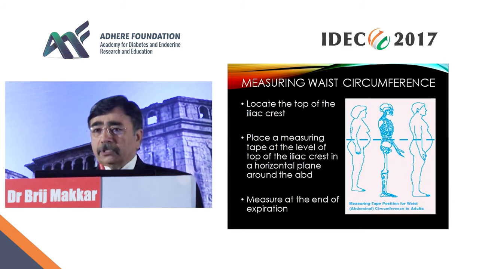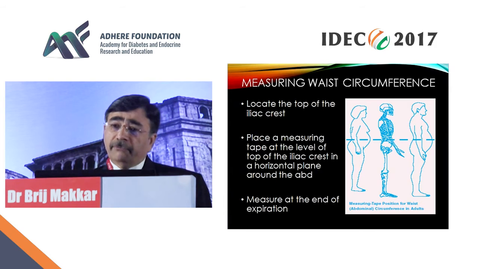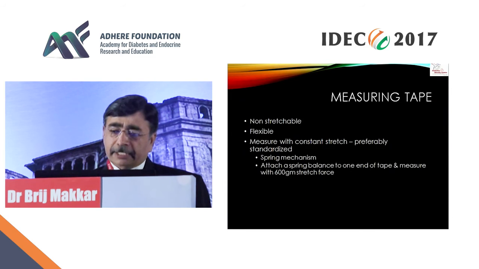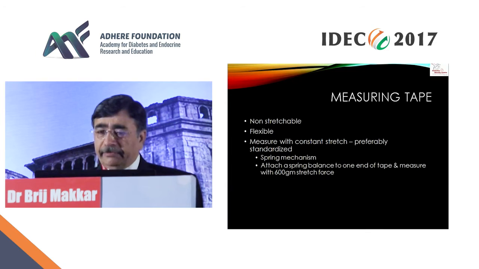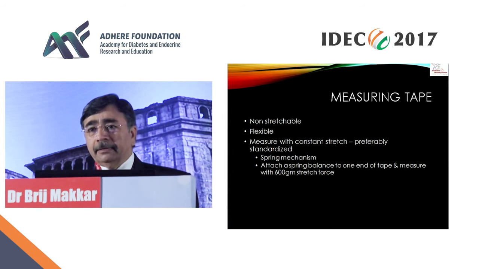Now, the measuring tape also needs to be standardized. You need a non-stretchable, flexible measuring tape which measures at a constant stretch. So how do you do a constant stretch? When you are applying the tape, the standard method is to attach a spring balance to one end of the tape and pull it at a force of 600 grams.